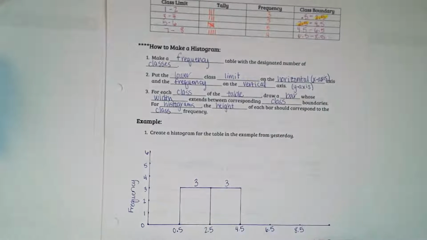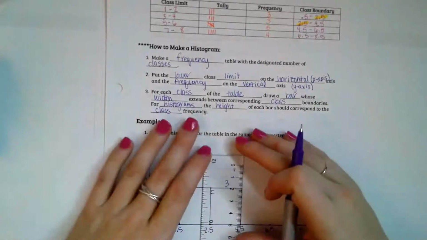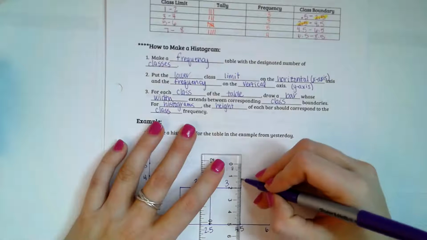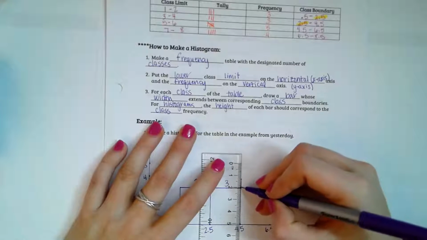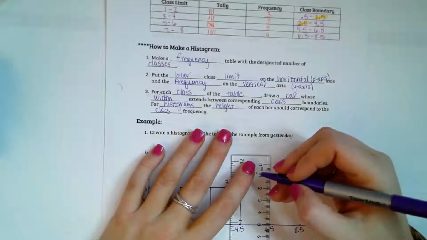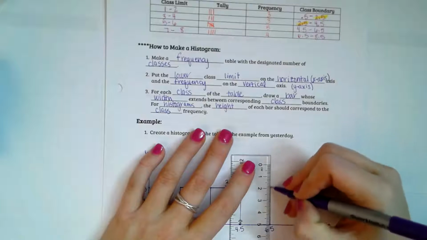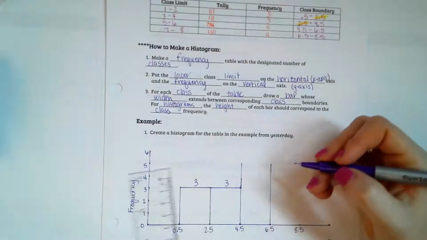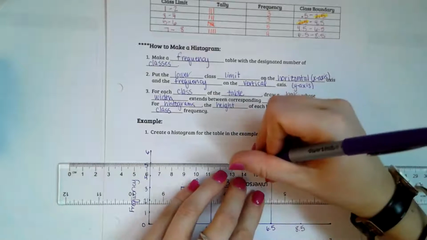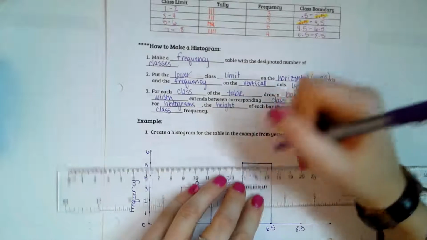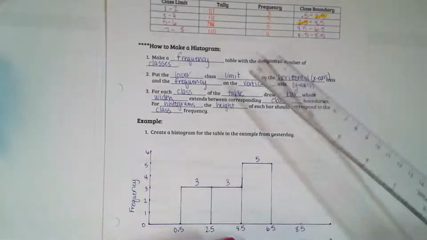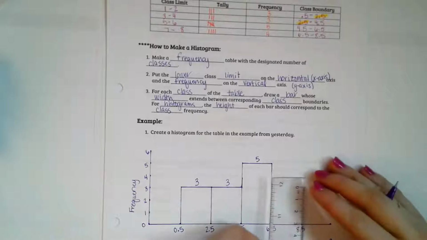So then the next one was 5. So I only need to go up 2 more centimeters from this one. And then this was 5. And then the last one was at 4.